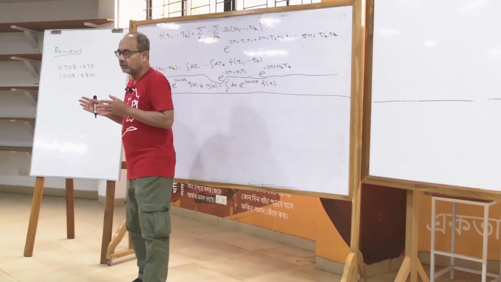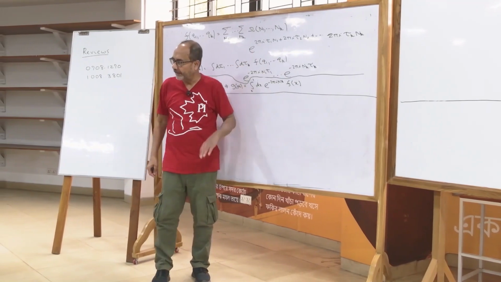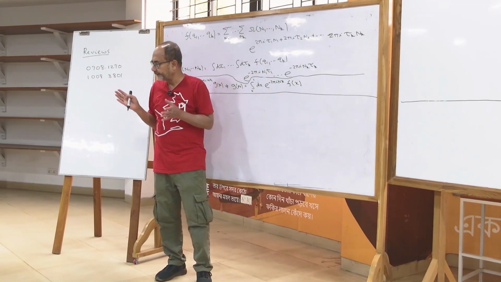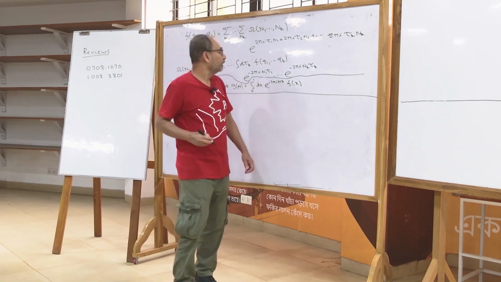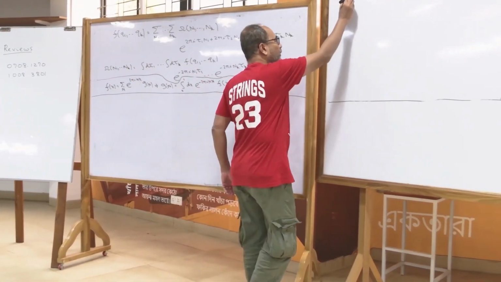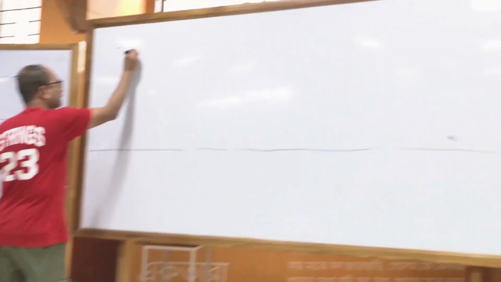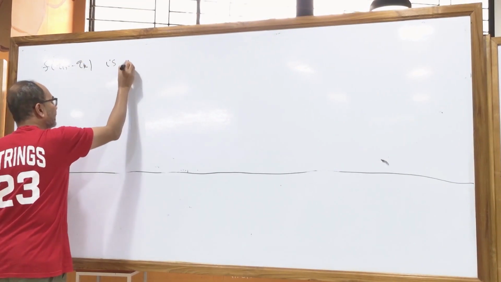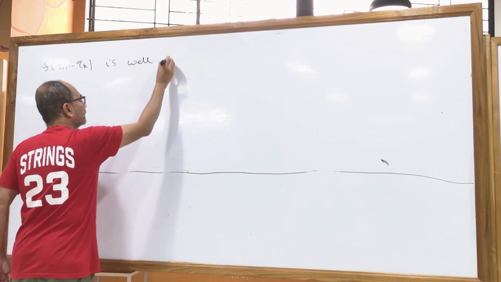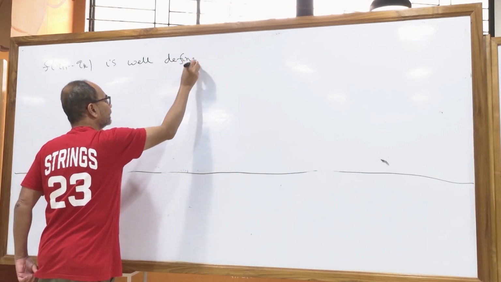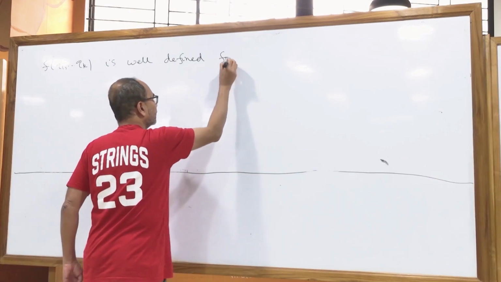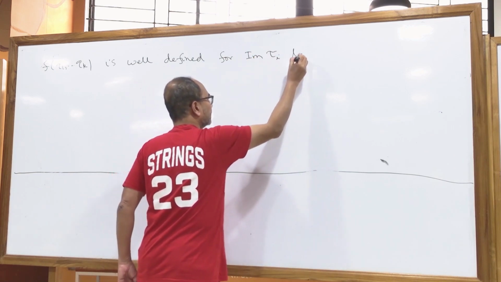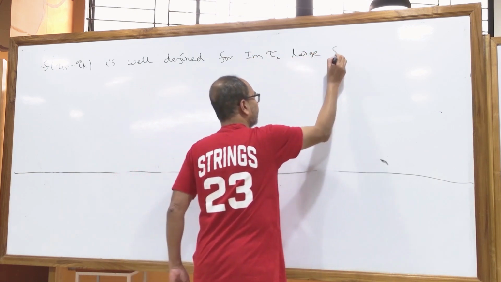So, what one has to do is to try to define this in some part of the complex tau plane where this expansion is convergent. So, f of q1 to qk is well defined for imaginary tau i large, for every i.